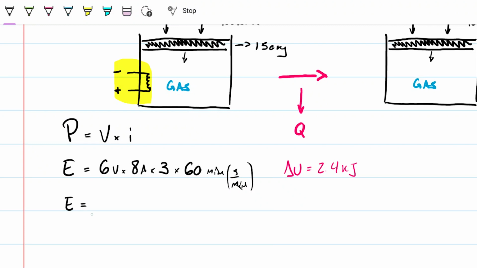Okay, so therefore I'm going to get volts times amps, that's watts, times seconds, that's joules. So the total amount of energy that this receives is, what did I calculate here, 48 times the 3 times 60, that's about 8.64, already converting into kilojoules instead of joules. Okay, so this is the amount of energy the external source is giving to our gas.